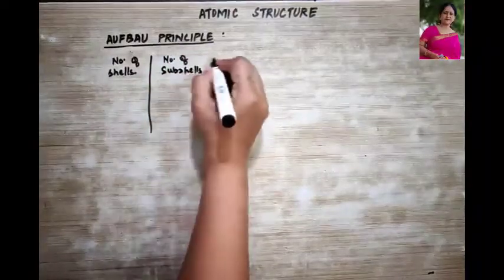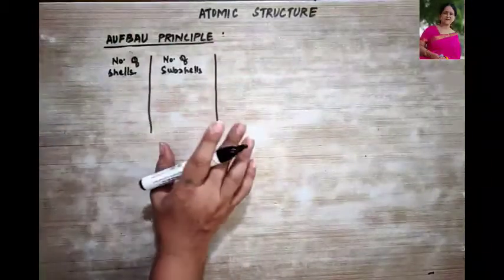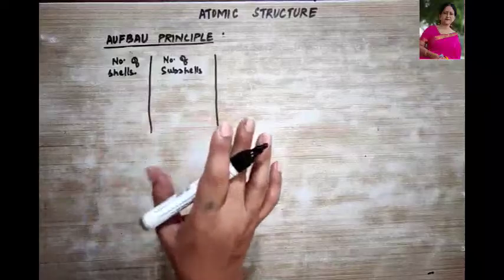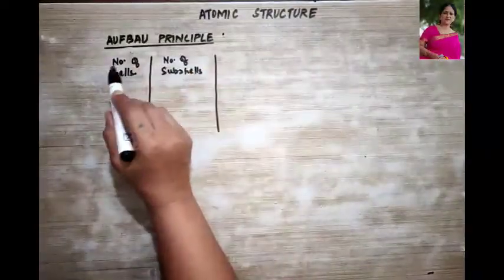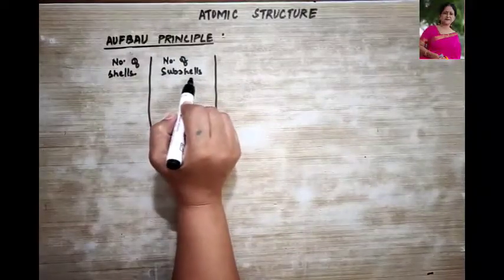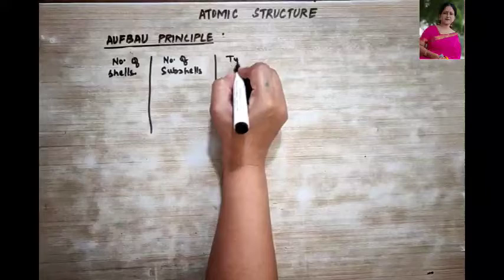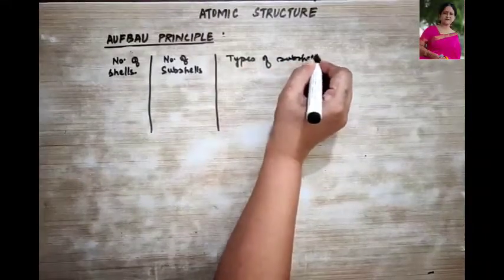Once you understand all this, then Aufbau's sequence will be very simple. The sequence of the subshells and how they have to be filled up will be very simple. So firstly we need to know the number of shells, how many subshells each shell has, and then the types of subshells.